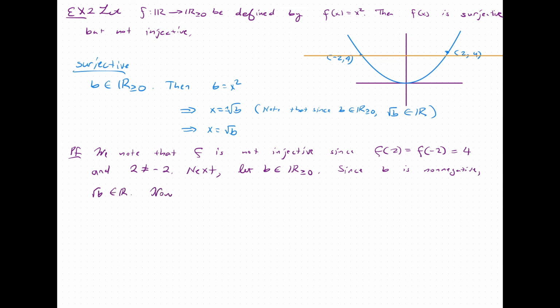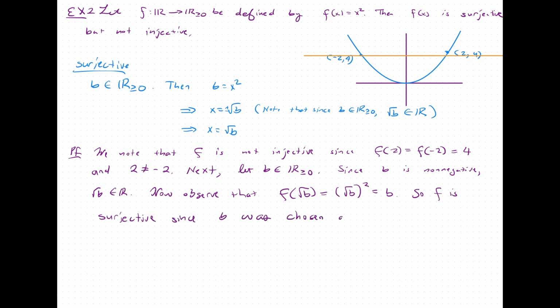Now observe that if we take f of the square root of b, we have the square root of b, quantity squared, which is b. So f is surjective since b was chosen arbitrarily. And we're done. We have now proven this statement.